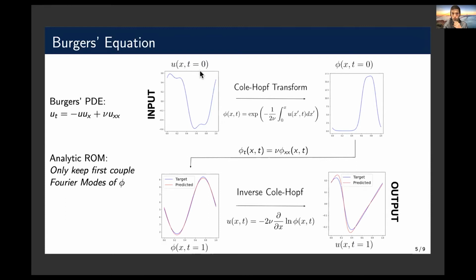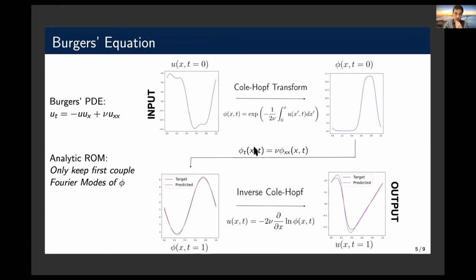Furthermore, this Cole-Hopf transformation actually gives us an analytic reduced order model that we can compare our methods to because the transformed function will obey the heat equation. And one thing about the heat equation is high frequency Fourier modes are going to dissipate very quickly, in fact exponentially quickly, whereas the low frequency Fourier modes are really all that ends up staying.